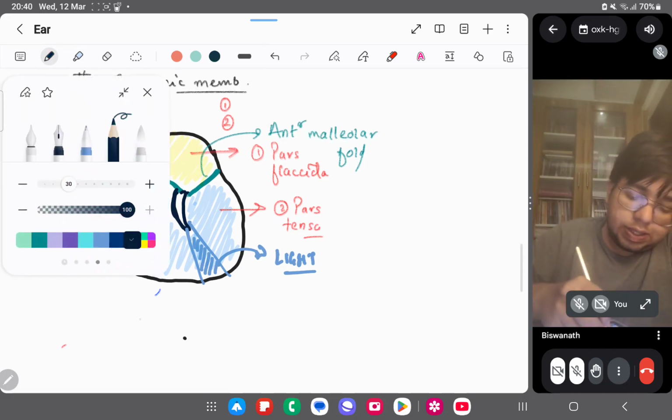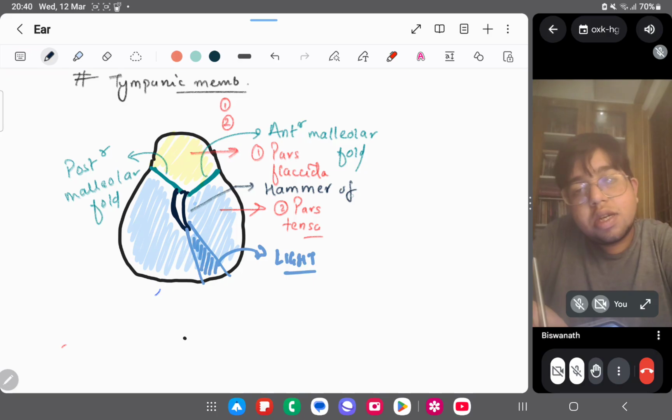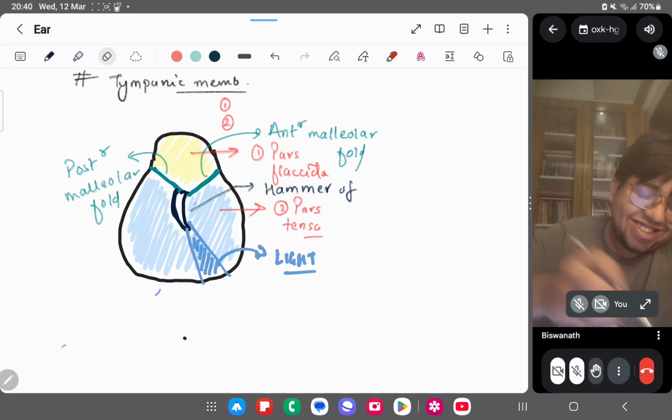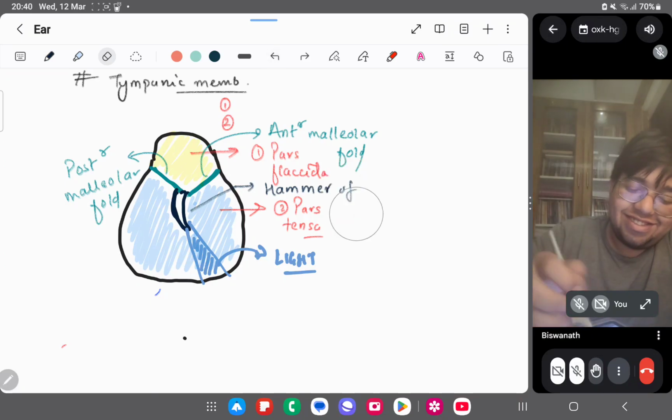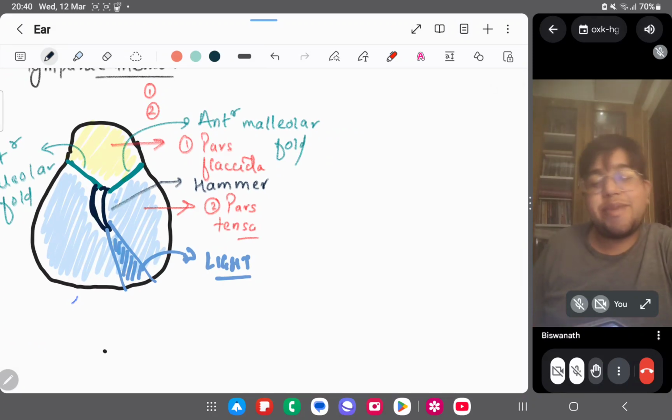And this is the hammer. Hammer of which bone? You got confused, right? It is the hammer. Which bone is the hammer?